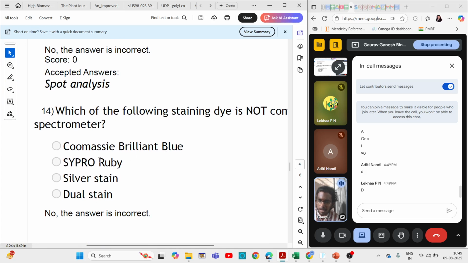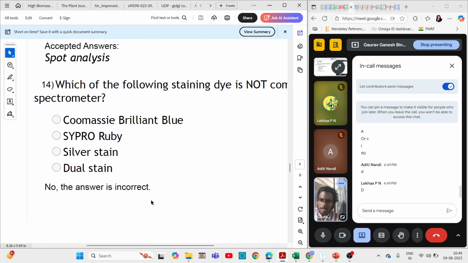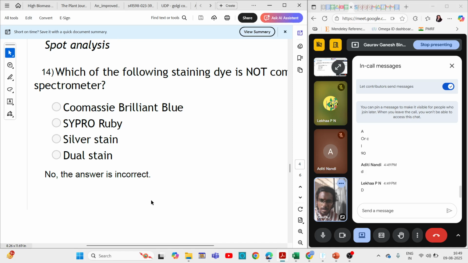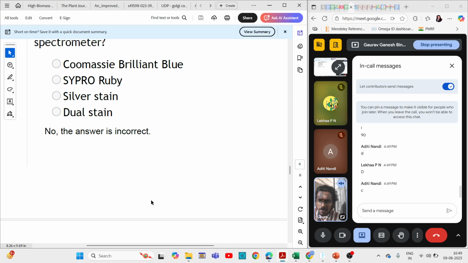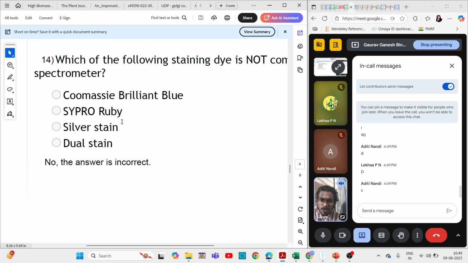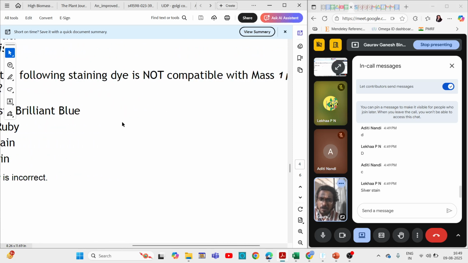Which of it is not compatible with mass spec? There was a sheet in the final comparing all of these techniques. So the answer is silver staining, which is not compatible with mass spec.